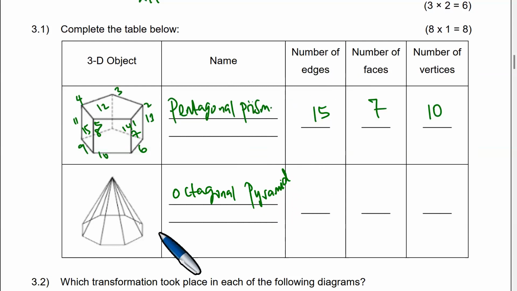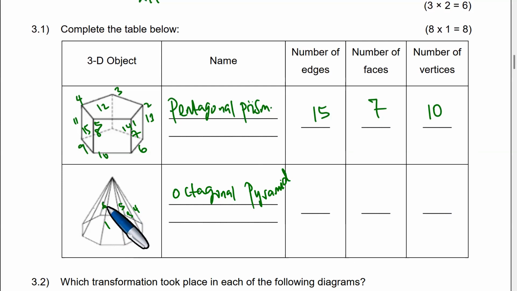Right, the number of edges. How many edges does it have? 9. Right, let's count. 1, 2, 3, 4, 5.